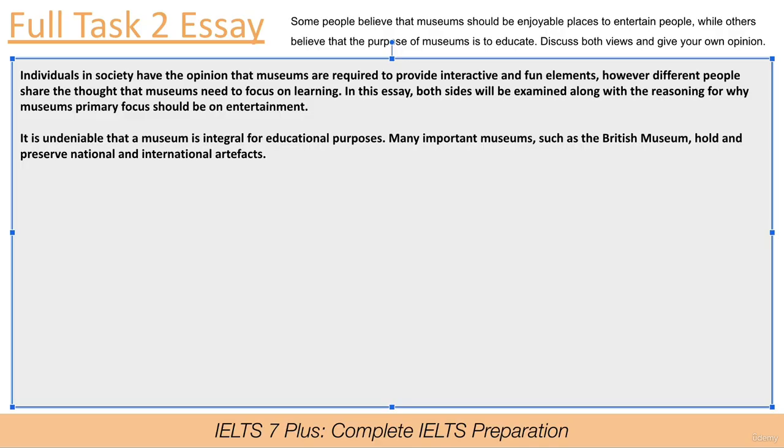And we could talk about the historical nature of a lot of these artifacts. There are also plethora, which means many.